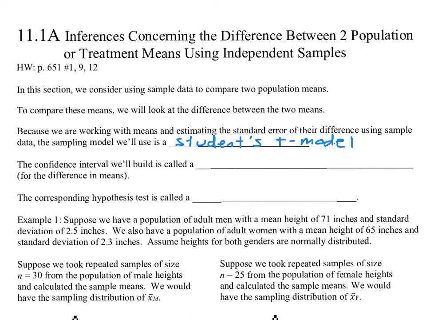The confidence interval that we will build is a two-sample t interval. The hypothesis test that we will conduct is a two-sample t-test.